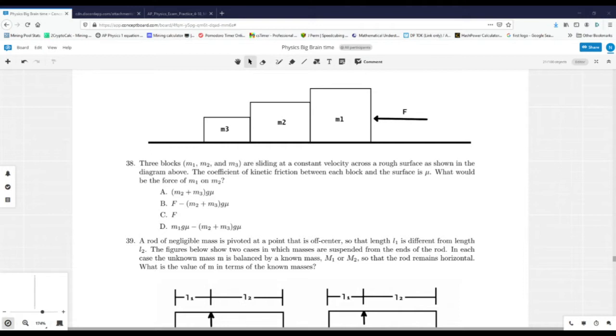Did you say this is one that all three of us missed? Yep. Okay, then.